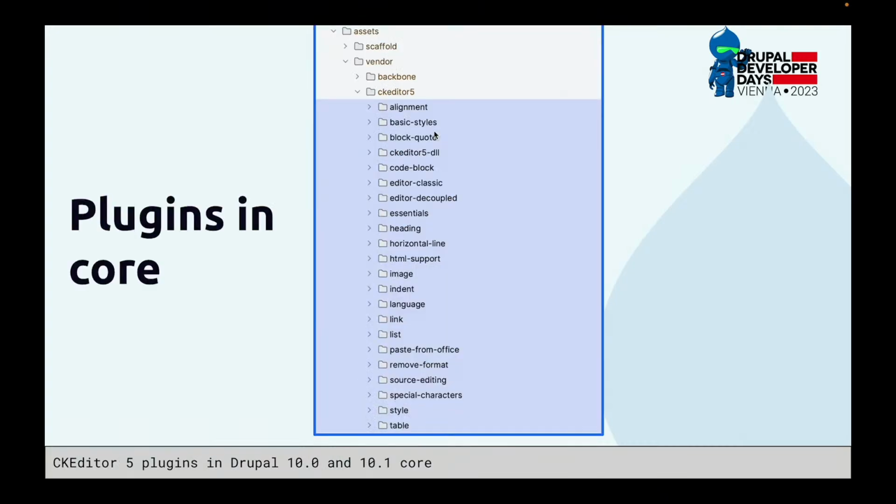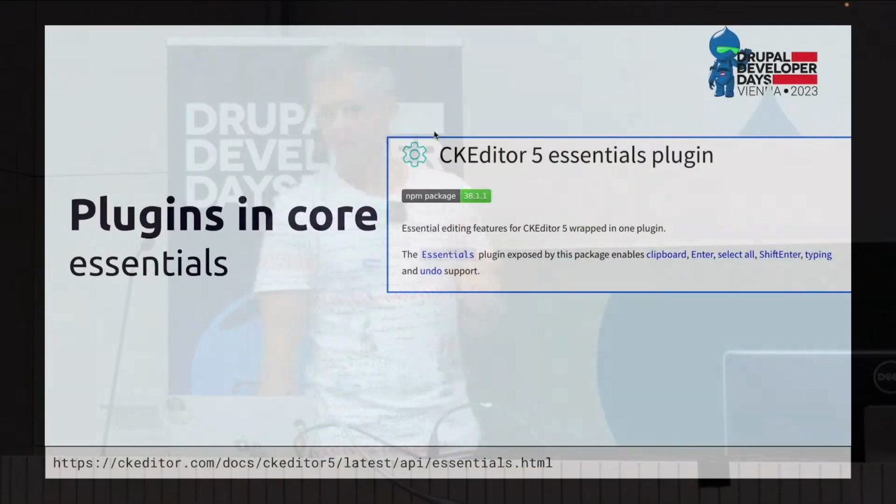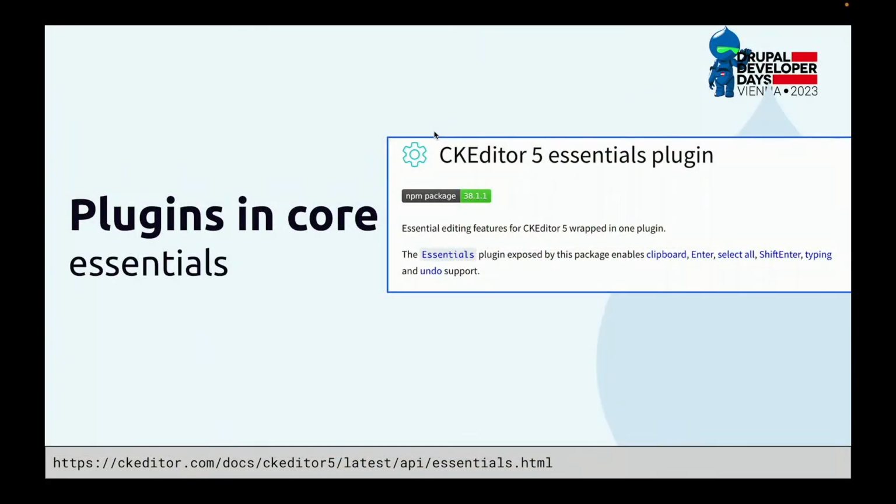If you go to the assets folder, CKEditor 5, you can see all the plugins that are available at the moment in core. Just keep in mind that the CKEditor 5 plugins available in Drupal are not all the official core plugins available from CKEditor 5. So what do we have in core? What is the list of those plugins?